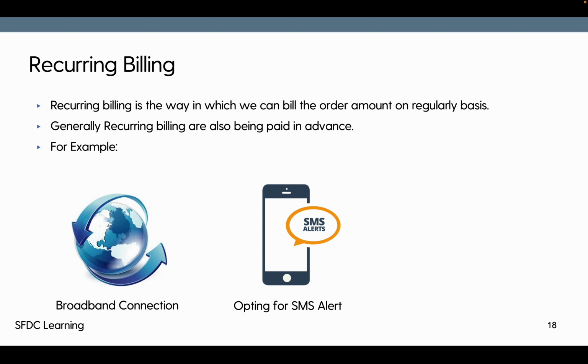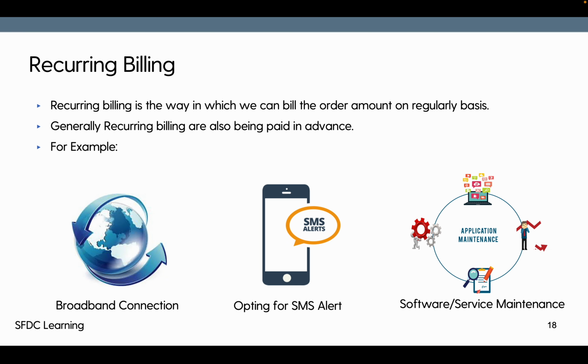We can opt for SMS alerts as well, like when we opt for SMS alerts from a bank, we get charged monthly or yearly. And there are software and service maintenance as well. Whenever we buy any software or product that requires maintenance, we tend to pay for it, whether monthly, yearly, or biannually.